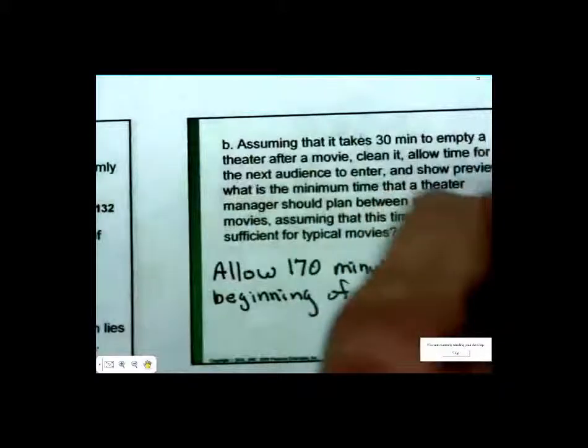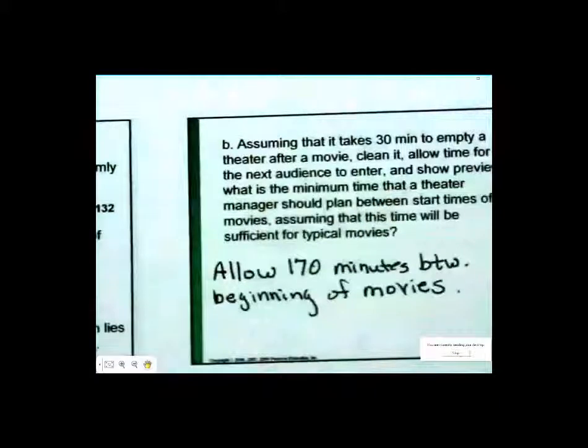Because you have to publish the start times or put them on your little toll-free number or your Fandango, where you go to look up movie times. You have to publish those start times way before the movie starts. You can't wait around to see how long the movie lasts and how fast the people get out. So most theaters allow about 170 minutes between their start times.